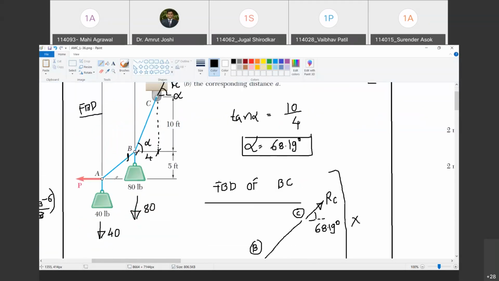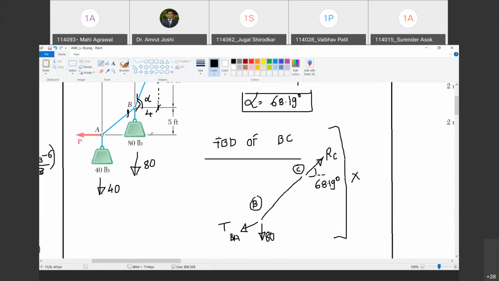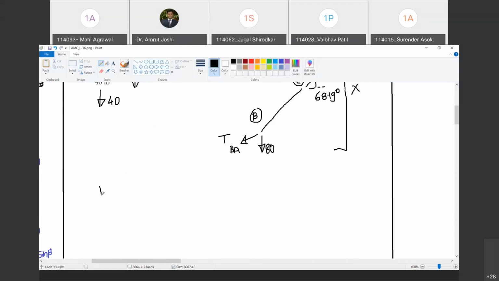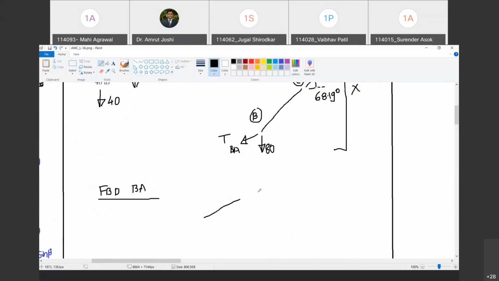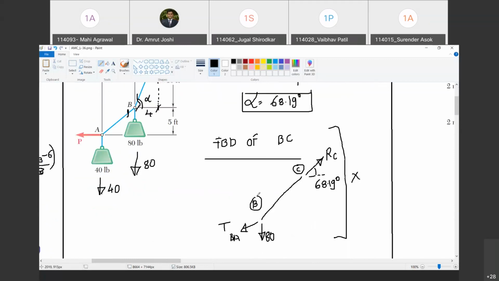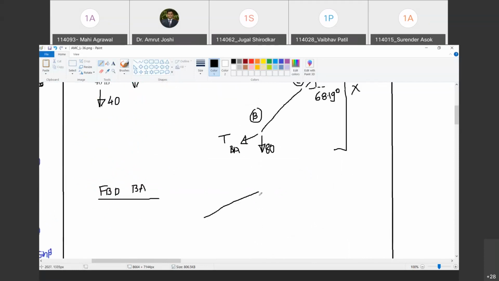So what is the next option? What can I do? I can draw the free body diagram of which part? Part BA. That means I am going to cut this thing here, and I am going to draw the free body diagram of part BA. So how does the FBD of part BA look like? Can you draw that? Tell me, how is it going to look? This is B. At B you are going to have 80 pound force.